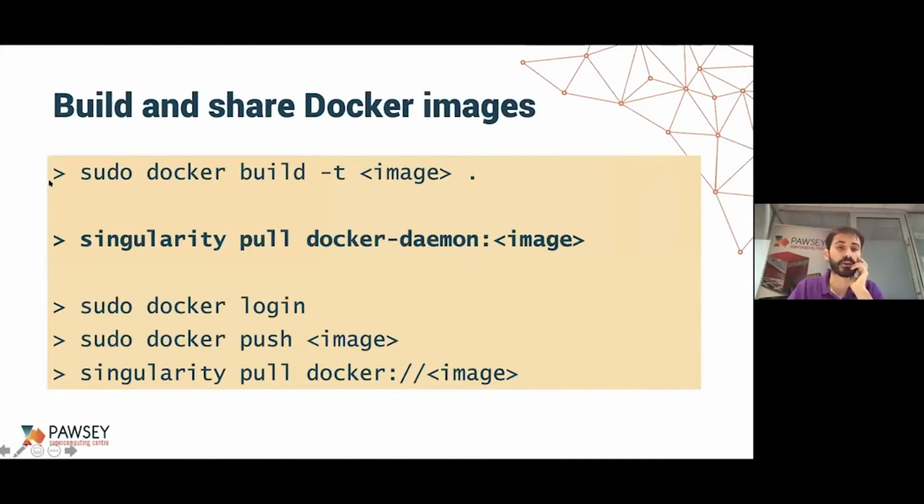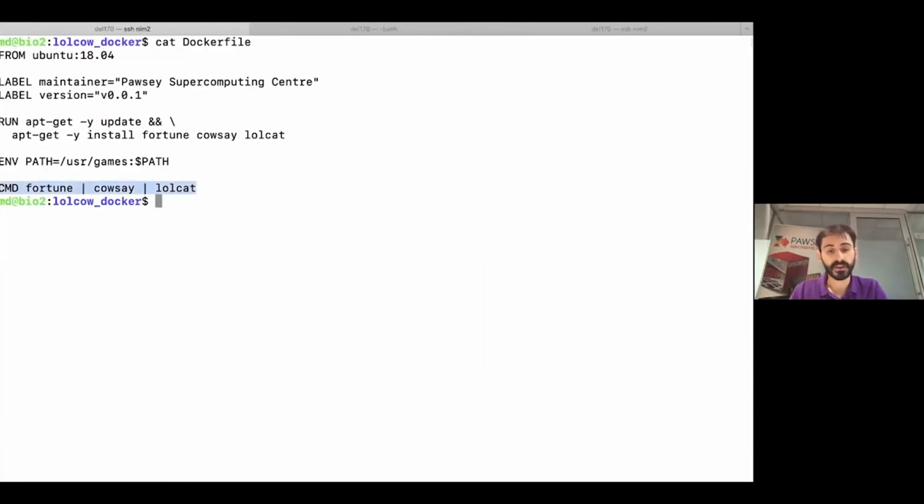So we saw how to build with Docker, with sudo docker build, the image name and tag with -t, and just specifying where the Dockerfile sits, the current directory. The next command is the one that allows you to convert the Docker image into a Singularity one. As long as you have both Singularity and Docker installed in your build machine, you can achieve that.